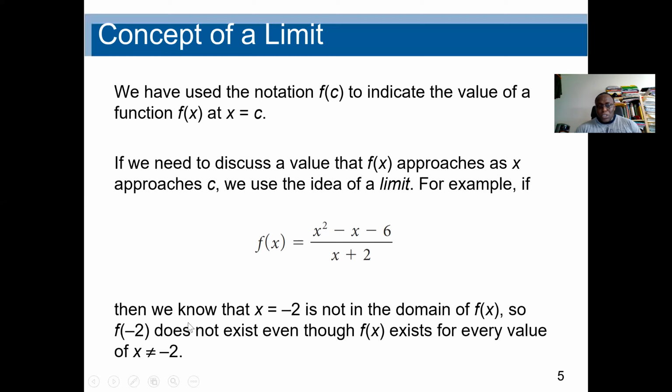So x = -2 is not in the domain of f(x). So f(-2) does not exist, even though f(x) exists for every value of x not equal to -2. Even if I have a value -1.99999, the function will exist. It only will not exist when x equals -2.